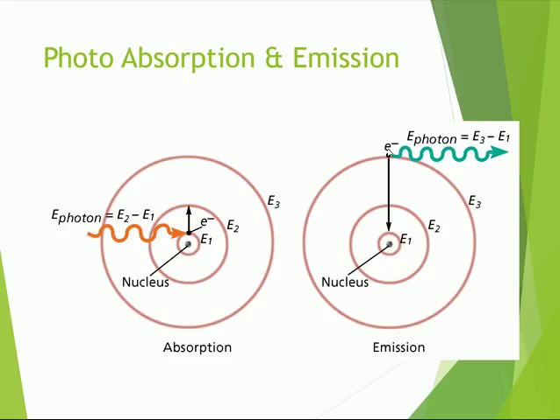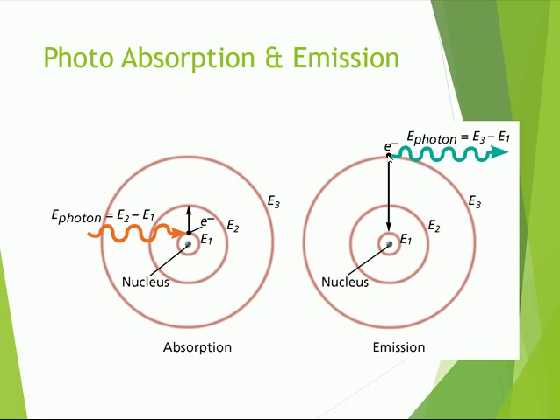Now, the energy of the photon emitted from an atom as the electron moves from an excited state back down to a lower energy state is going to be dependent on how many energy levels that electron drops. Okay, this movement from energy level 3 in this diagram to energy level 2 is going to release a certain amount of energy.